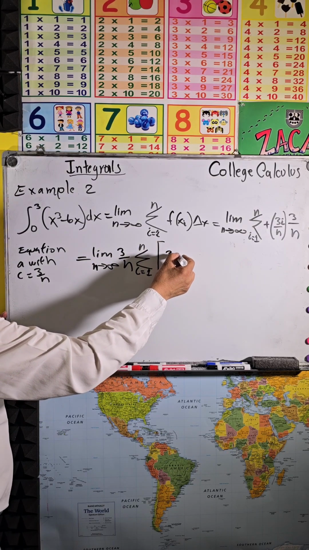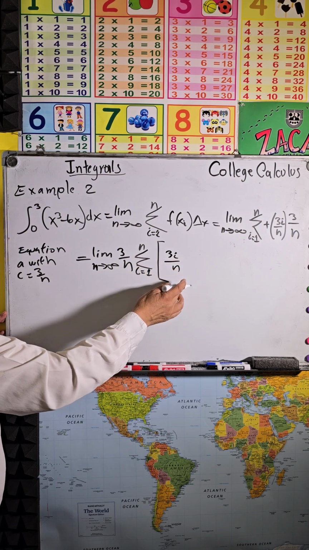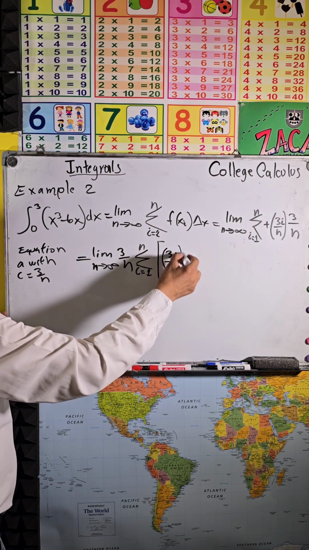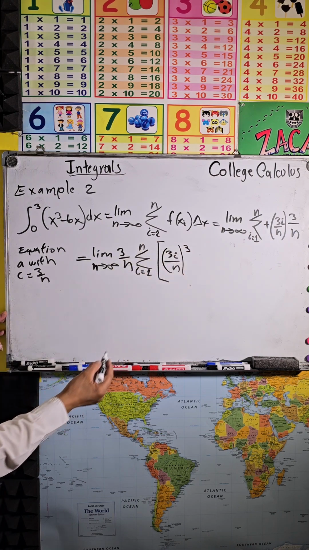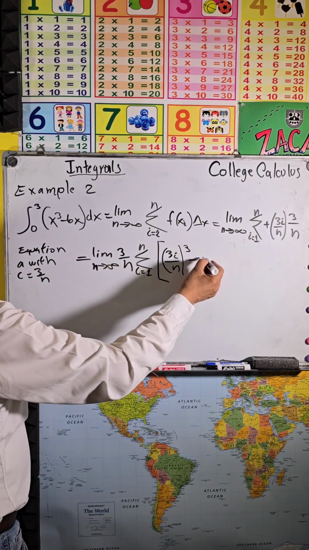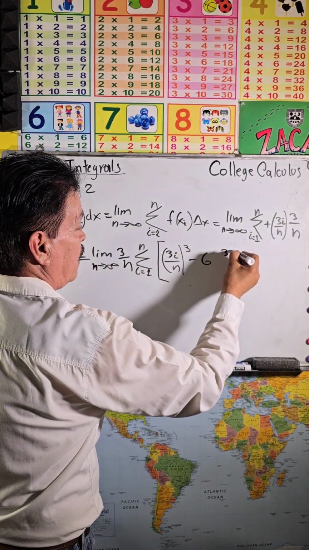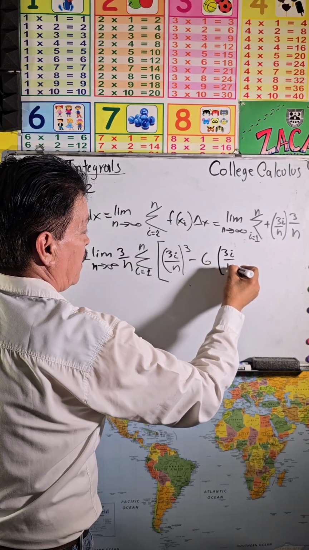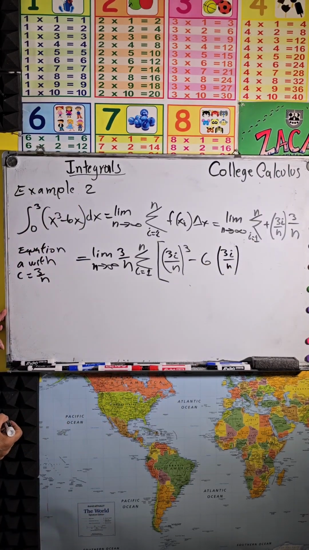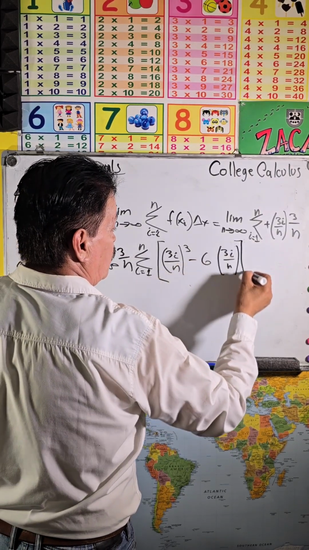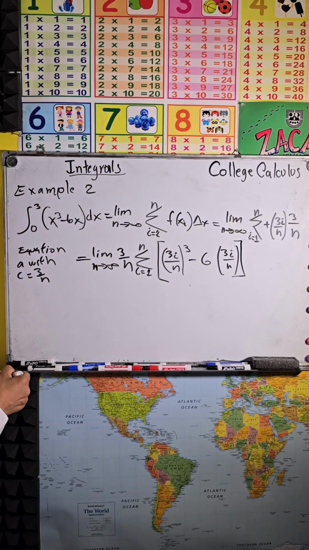Write 3i divided by n to the third power, minus 6 times 3i divided by n. Okay, and then close the bracket. All right, there are a lot of steps. So simplify here.